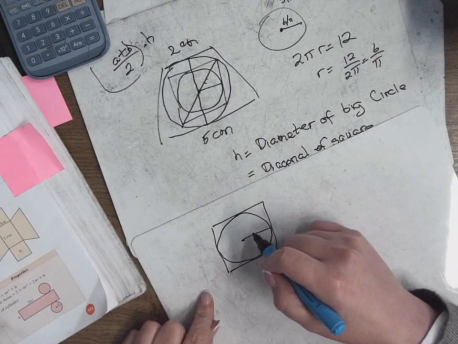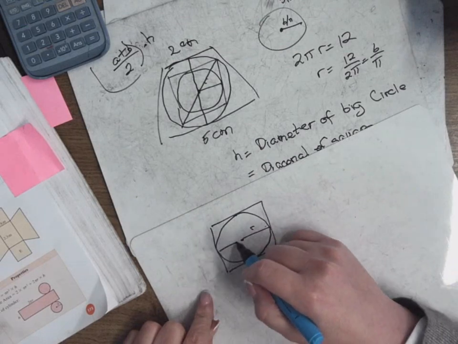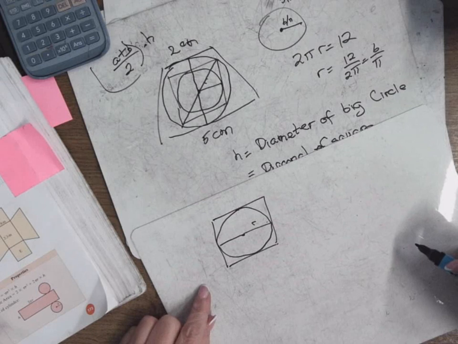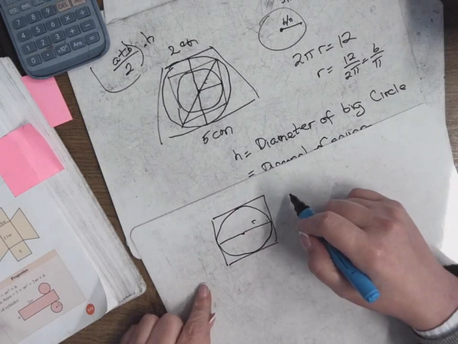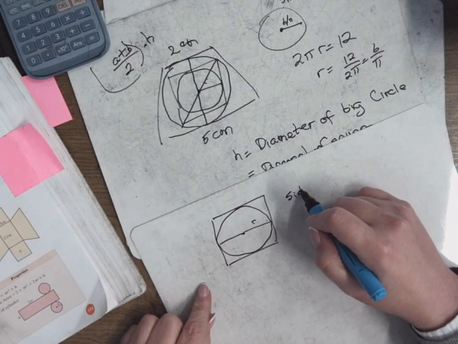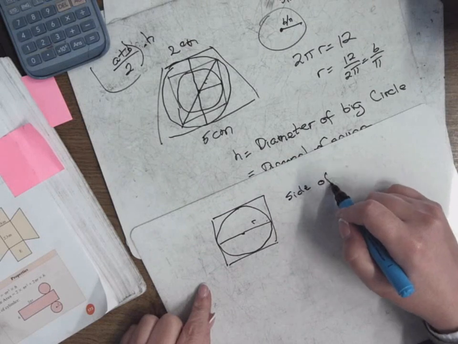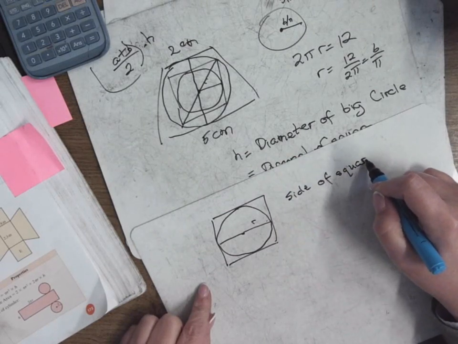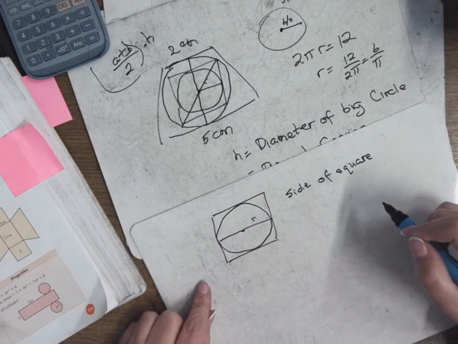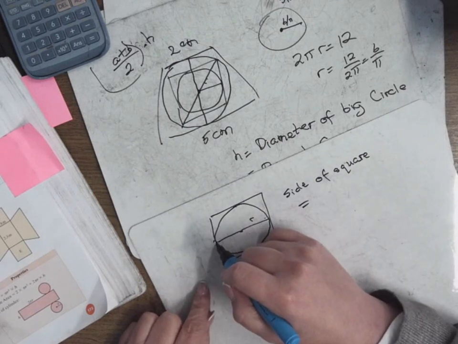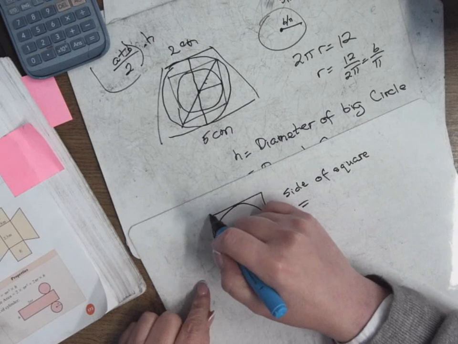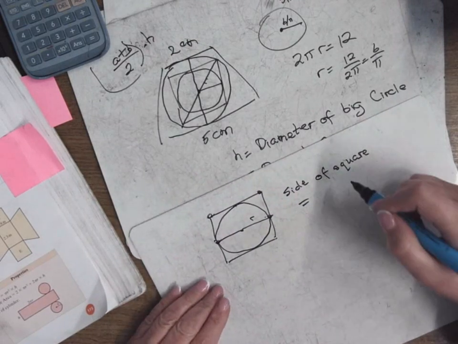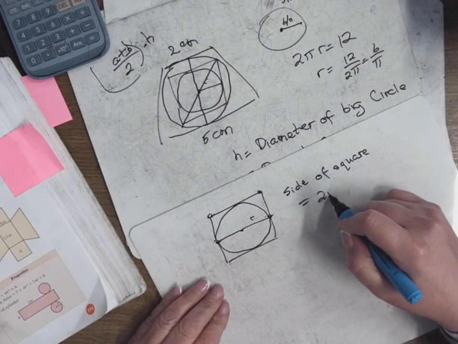Radius, oh, the side of the square is equal to the diameter of the small circle, would you agree? So the side of the square is equal to twice the radius, yeah? Because there's the radius across the bottom. That would be the same as up here, wouldn't it? Agreed? So the side of the square is twice the radius.